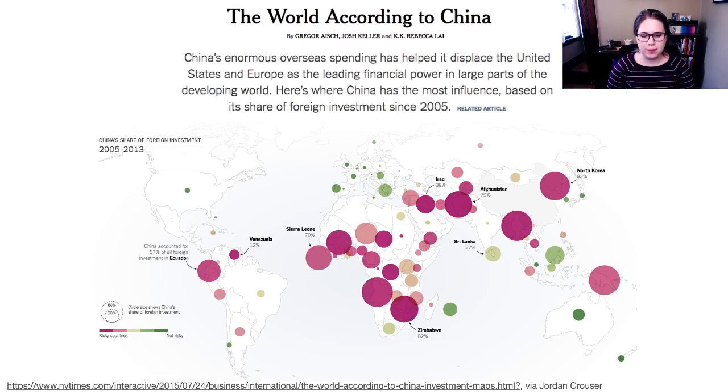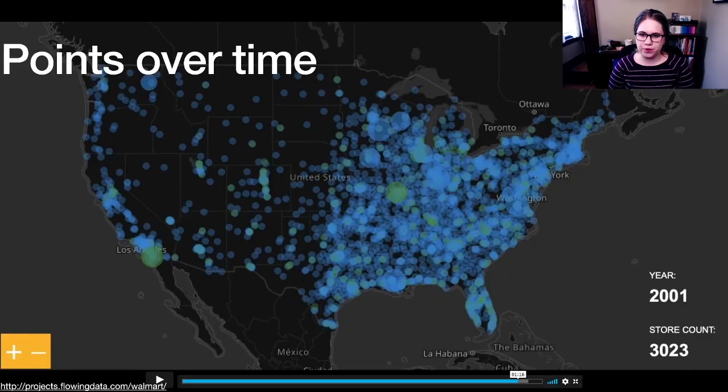Here's another map that uses dots as a mapping. These are showing the share of foreign investment that is Chinese. And I think this is kind of an old one. This is from 2005 to 2013, but we're using dots as a visualization method.